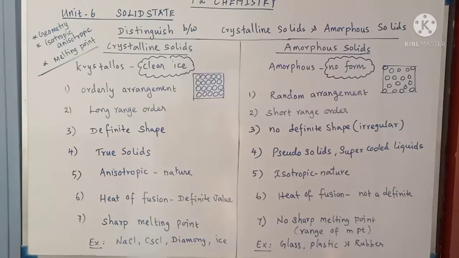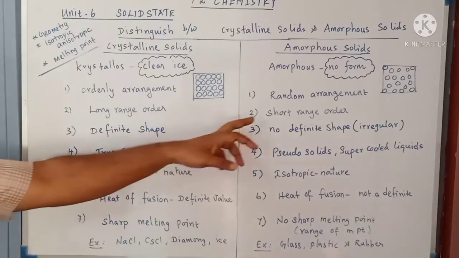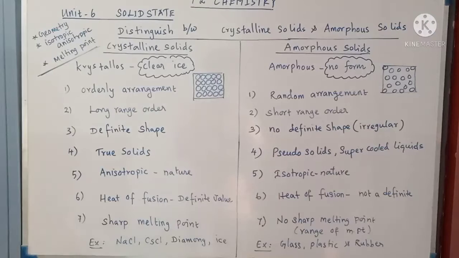The second difference: crystalline solids have long range order, whereas amorphous solids have short range order. I discussed that crystalline solids have a regular arrangement of particles, but it is not 100%, which means in a crystalline solid you cannot expect a 100% regular orderly arrangement.